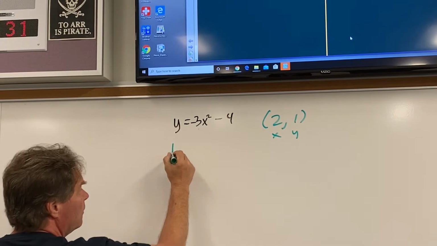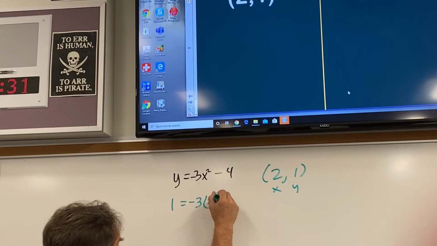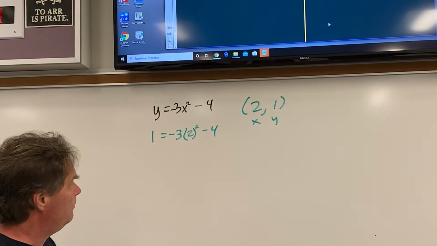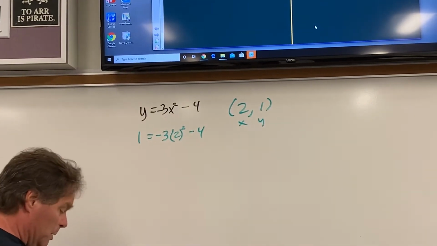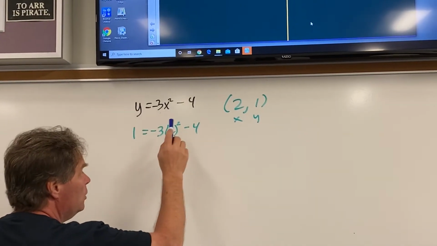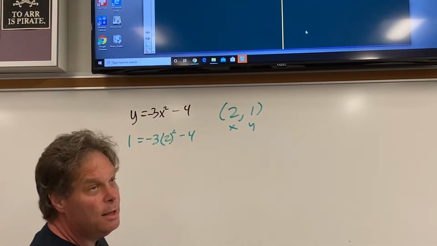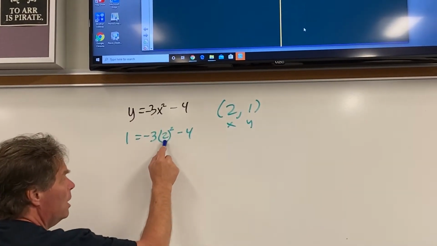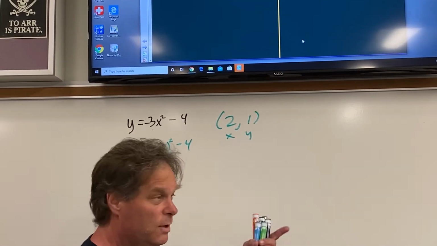So I plug 2 in for x and 1 in for y: 1 equals -3 times 2 squared minus 4. Now, one thing that people make a mistake on sometimes here is, what is -3 times 2 squared? Do I go -3 times 2 is -6 and square it and get 36? Or do I go 2 squared is 4 times -3 and get -12? There's a difference between -12 and 36.